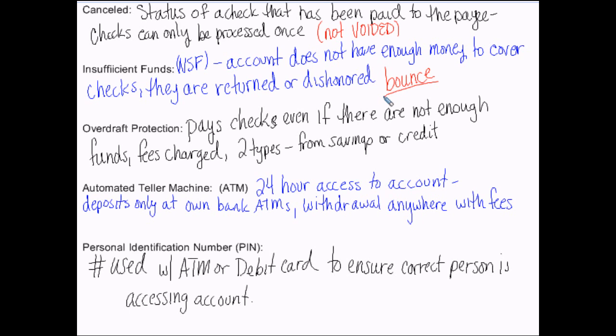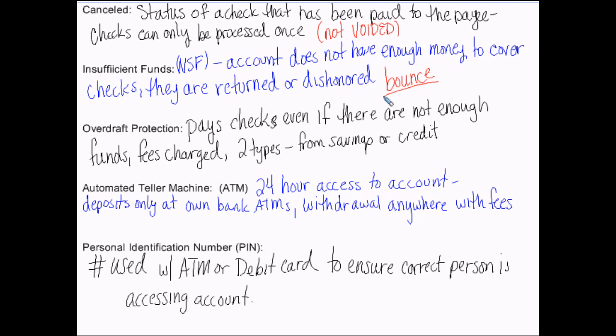Now, back in the day, a couple of decades ago, there was not really such a thing as a debit card. So you had an ATM card for your bank. You couldn't make purchases with it. It wasn't like the Visa cards that you have now where you can swipe them.